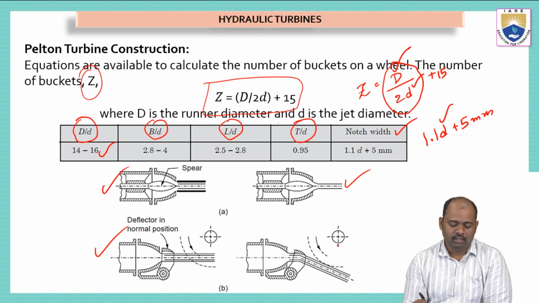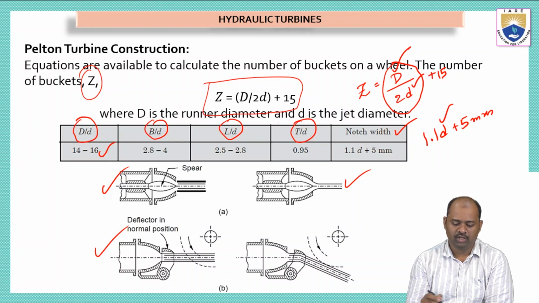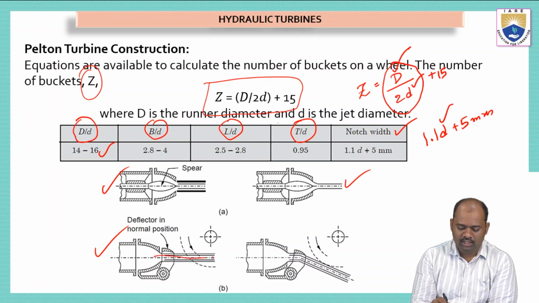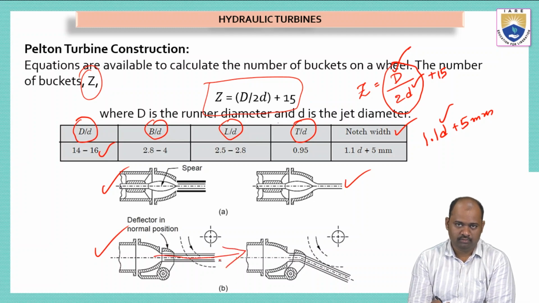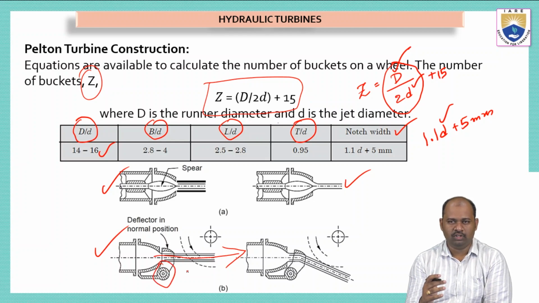And then in the last picture, we can see when the deflector is moved downward, we can actually change the direction of flow. In this picture, the water is flowing horizontally. If this deflector along with this metal plate is moved downwards, we can deflect the flow of water, and the water flows in this direction.